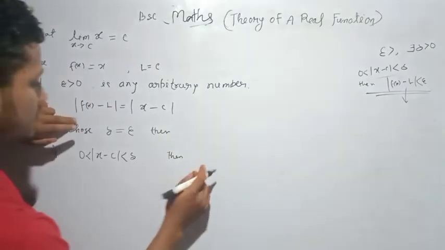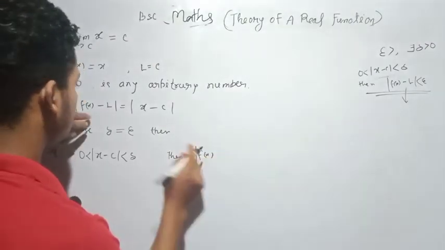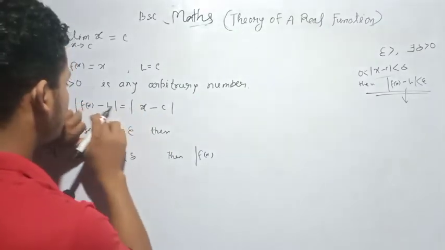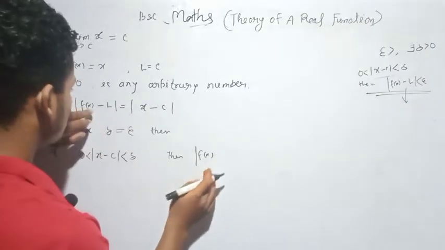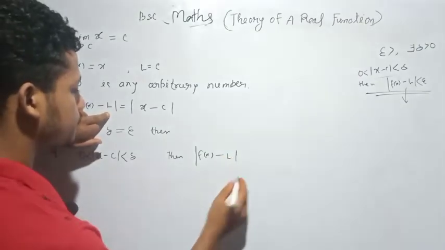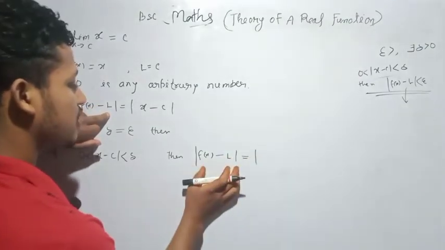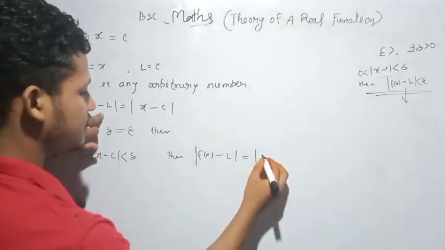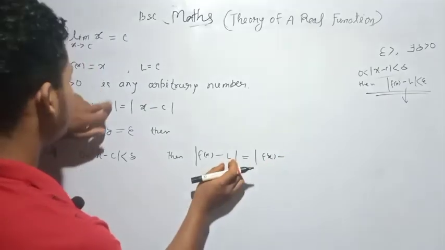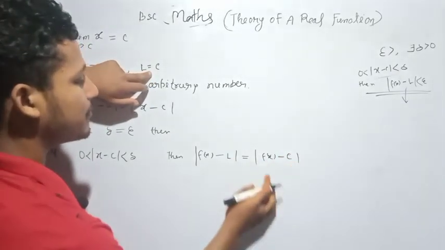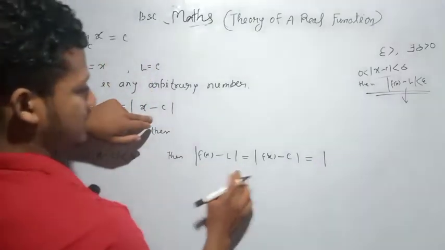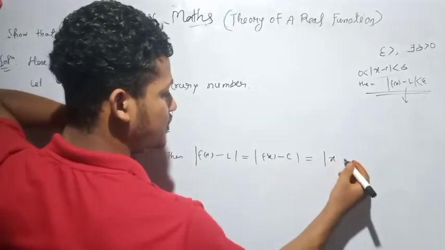Then modulus of f of x minus L. That means x minus c, we can write f of x minus c also. Modulus of f of x minus L is equal to modulus of f of x minus, and what is L? L is c. So f of x minus c is equal to x minus c, since f of x is equal to x and L is equal to c.